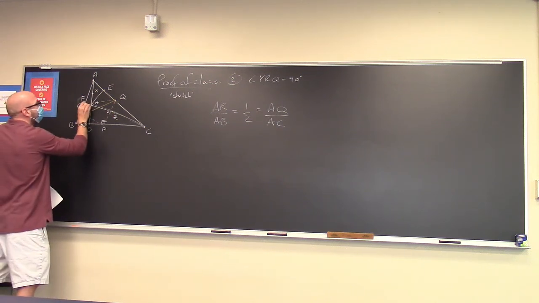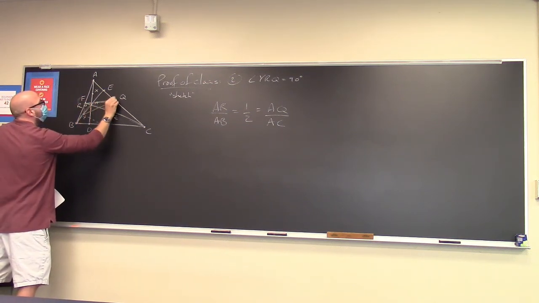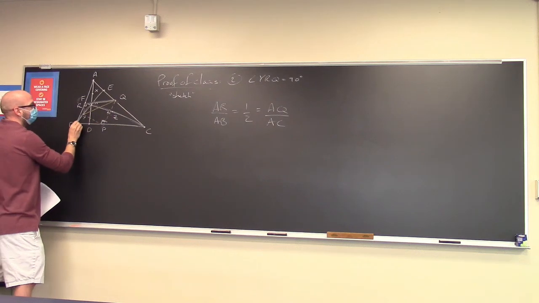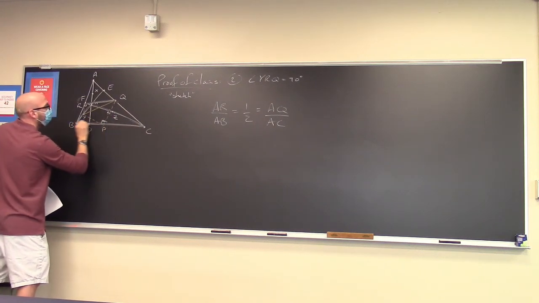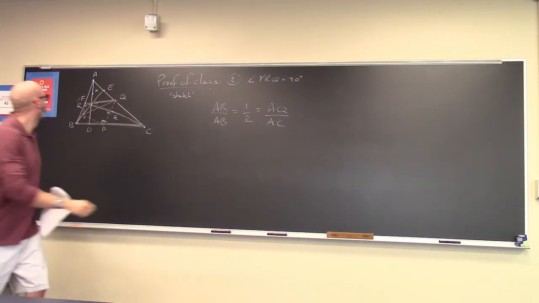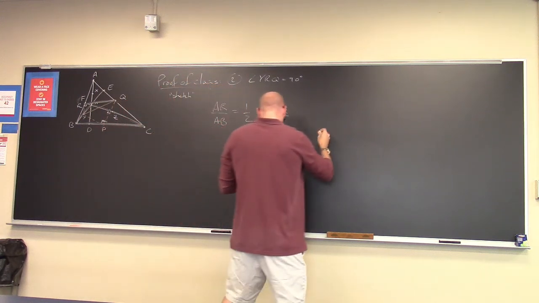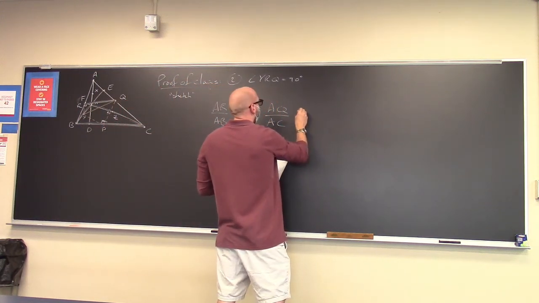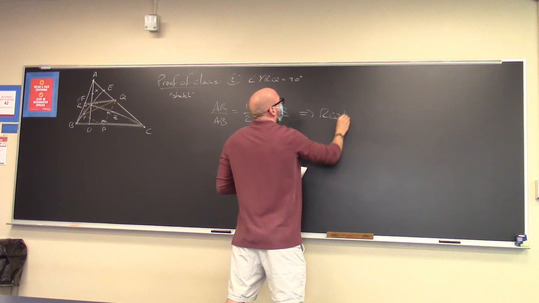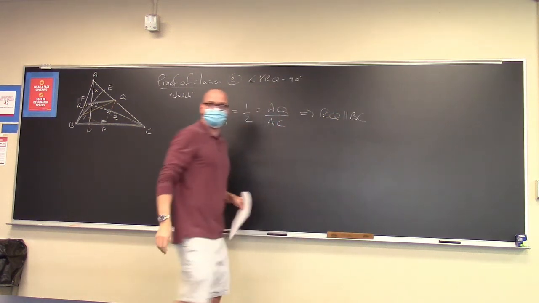So what does that mean? That means that side there is parallel to that side there. And so RQ is parallel to BC.